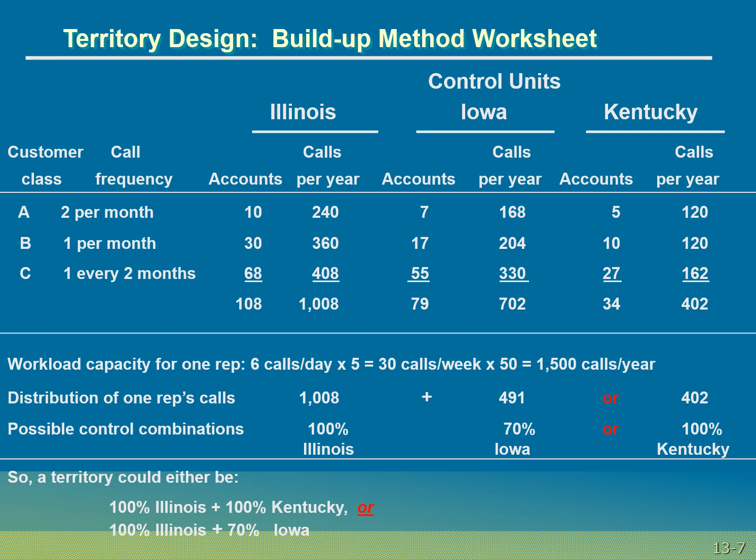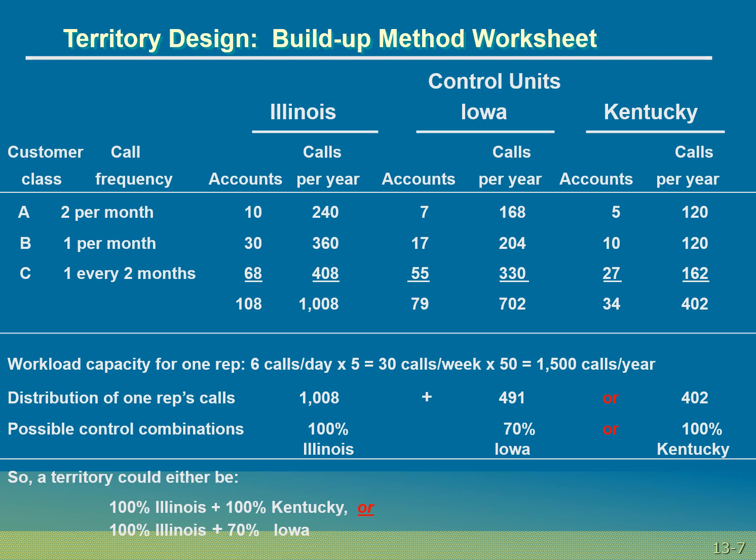In Iowa, the number of accounts, customers, A, B, C, 7, 17, 55. Okay, it looks like most of their customers do not need to be visited every month. They can be visited only once every 2 months, right? So you multiply that by the 12 months, you get the total number of calls per year.